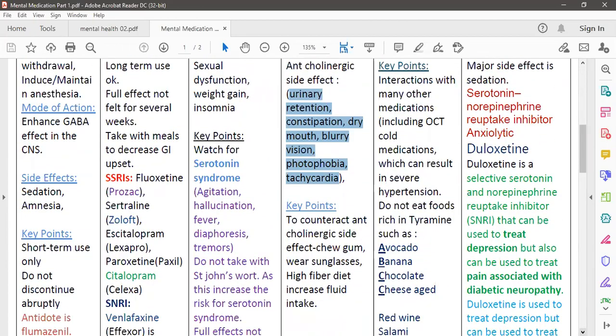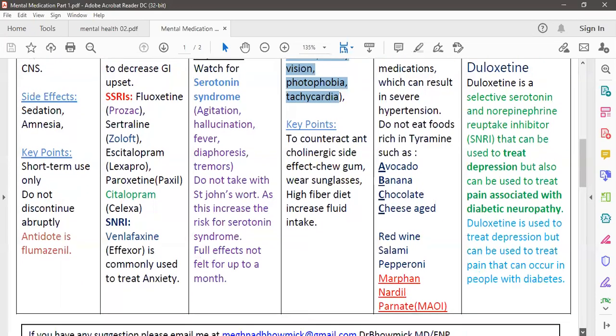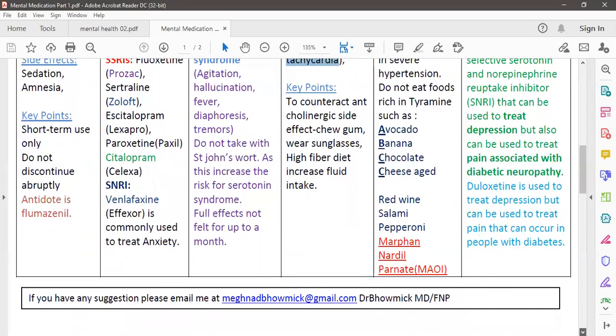Also, there is some food you have to avoid if your patient takes a monoamine oxidase inhibitor. What is it? Food rich in tyramine. What are the foods rich in tyramine? A, B, C: A for avocado, B for banana, C for chocolate, C for aged cheese.